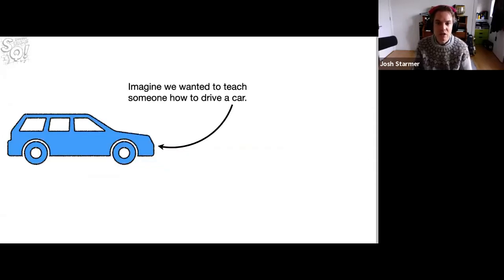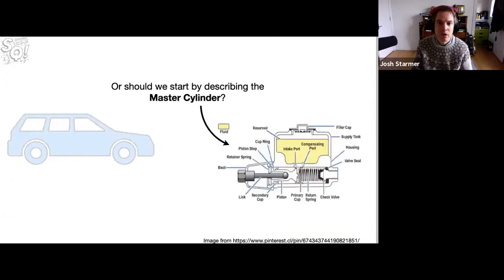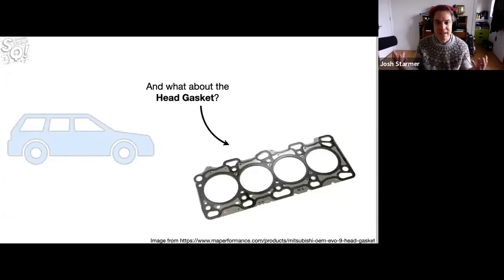Imagine we wanted to teach someone how to drive a car. Should we start by teaching them about fuel injection? Or should we start by describing the master cylinder? And what about the head gasket?